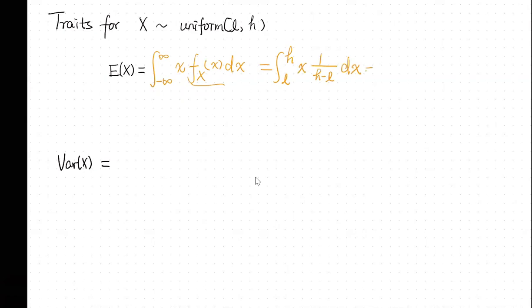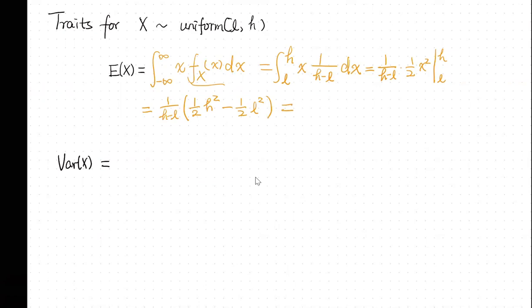So that gives us 1 over H minus L times 1/2 x squared evaluated at the two endpoints. So that equals 1 over H minus L, times 1/2 H squared minus 1/2 L squared.